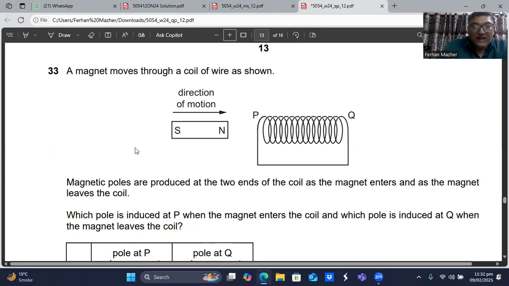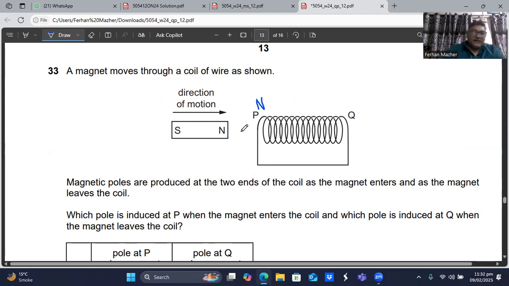So when the magnet enters, what is happening? The north is approaching this left end. To stop it, a north pole will be created here. That is the rule of electromagnetic induction.